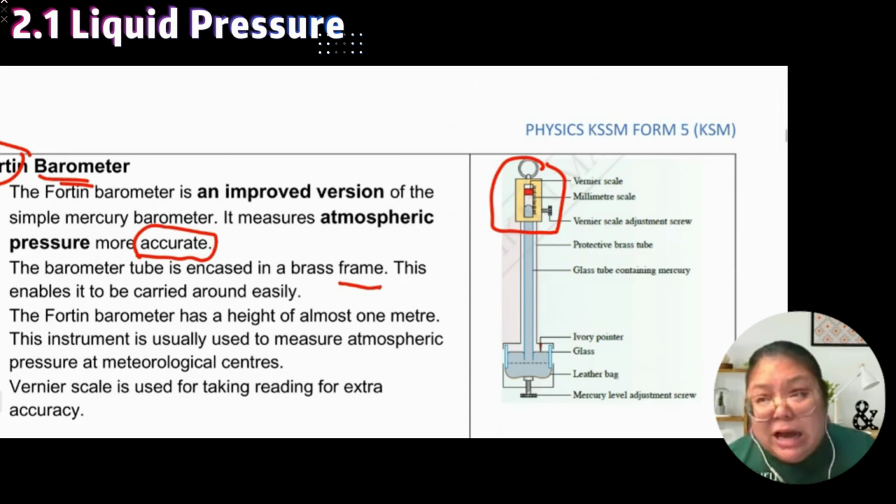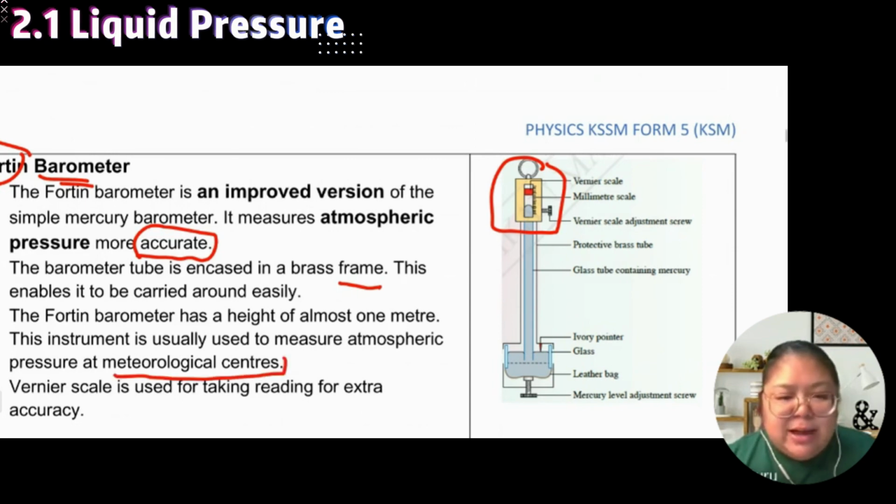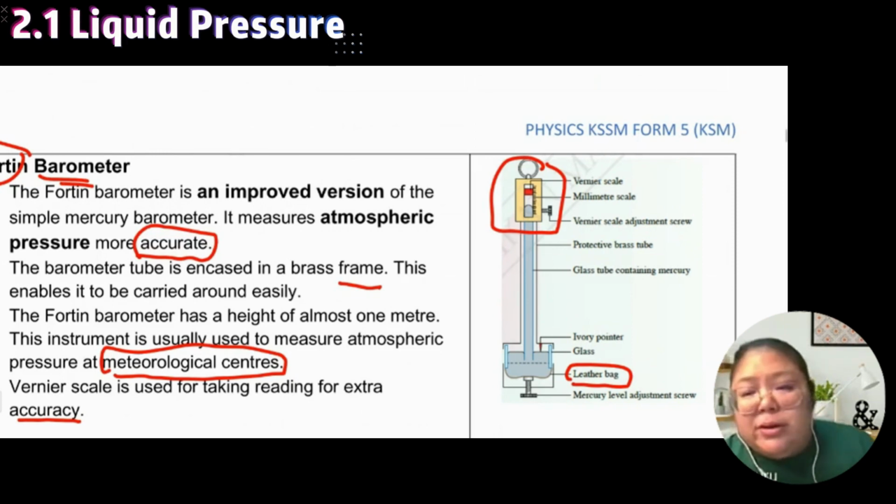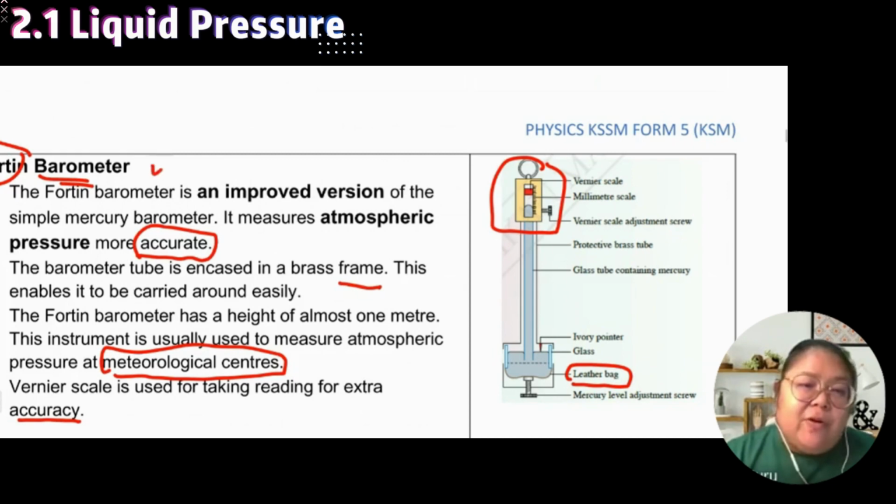This instrument is usually used to measure atmospheric pressure at the meteorological center. They have a leather bag and mercury pump. After that, they produce the reading. Vernier scale is used for taking the reading with extra accuracy. Vernier scale can read more decimal points compared with our calculation.